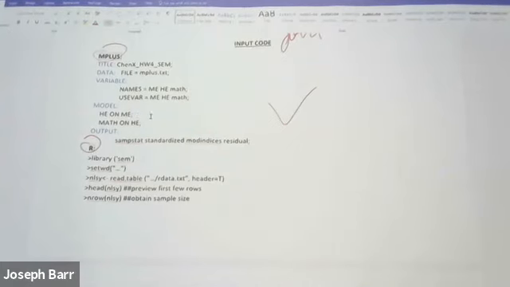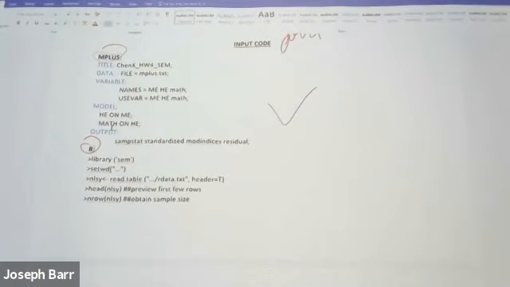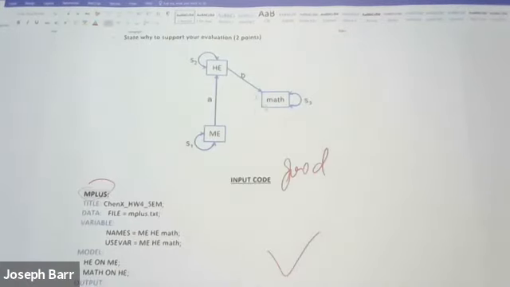Model math on HE. So if you look at this part, math is the dependent variable, regressed on HE. This indicates that we need to estimate the B here. And HE is regressed on ME. So this is the second equation.